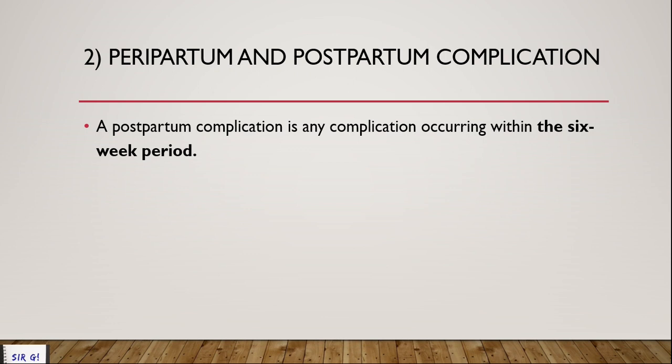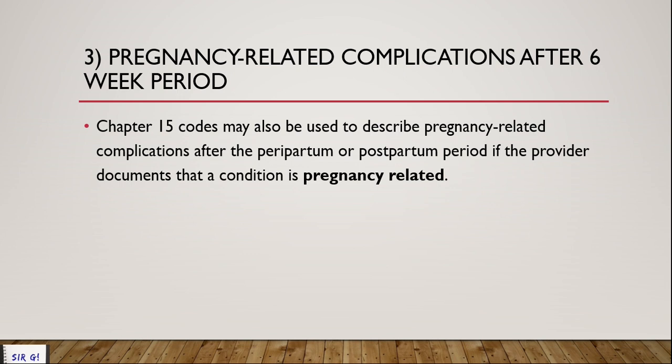If it's still within the 6 weeks time frame of your postpartum period, you always need to use first the O codes rather than the I codes. Just to make sure, you always need to see documentation that the condition is still pregnancy related.